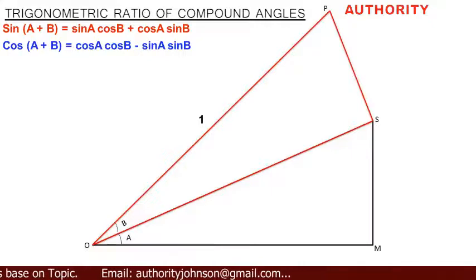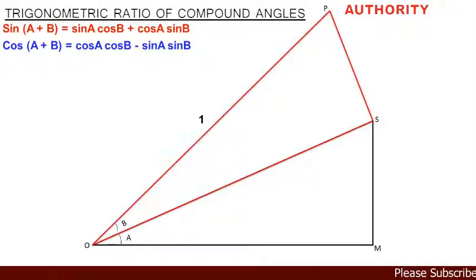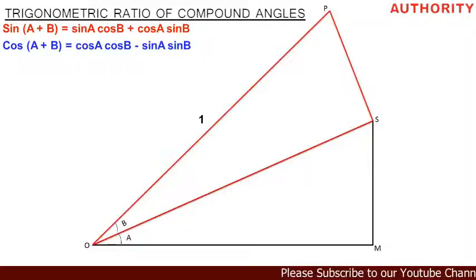And then we have our angle B. How can we find the side PS? In any triangle, when you have two sides, you can find the other side. And when you have one angle and one side, you can also find the other sides. Now in this case we have one side and one angle. How are we going to find the rest of the sides?